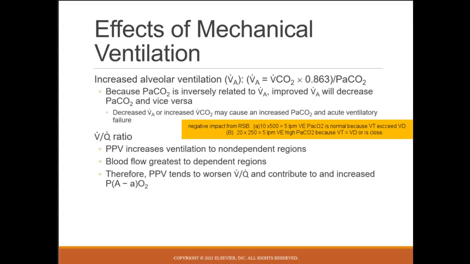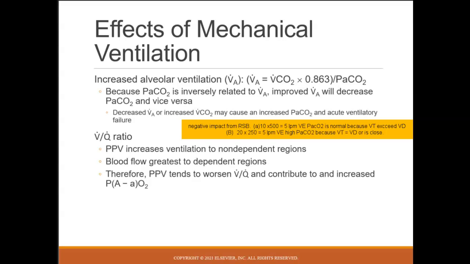All right, so moving on to ventilation perfusion ratio. Spontaneous breathing is going to have that gas distribution to the dependent parts of the lungs. When we put patients on positive pressure ventilation, tidal volume is going to be delivered to the non-dependent parts of your lungs.